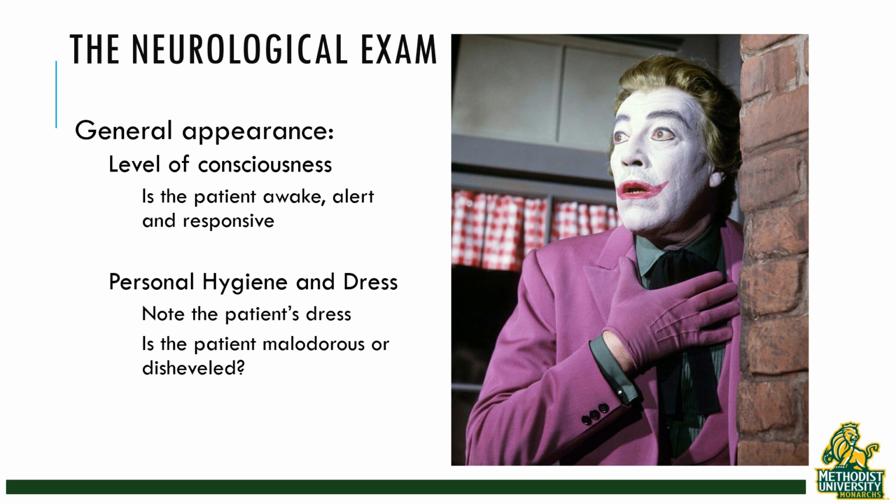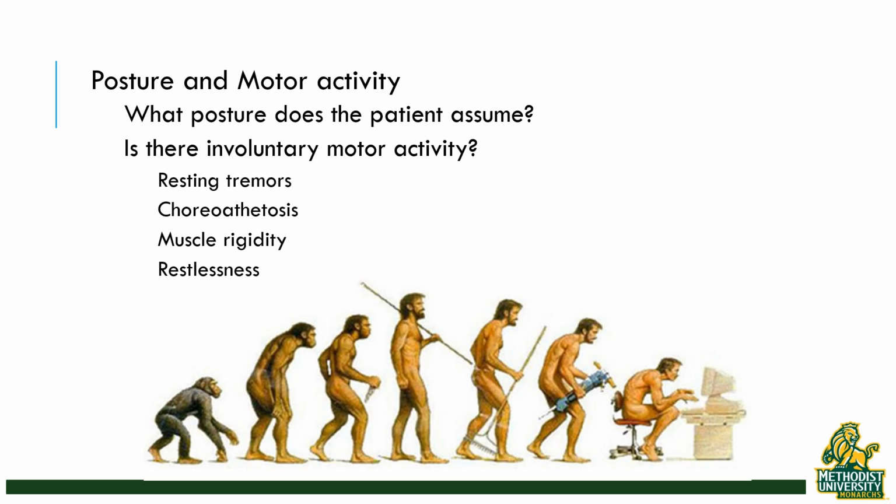These things are part of our general observations that are helpful. We look at their posture, at their movement, so their motor activity, and whether there are involuntary motions, things like tremors and other unusual involuntary motions, and also things like restlessness.